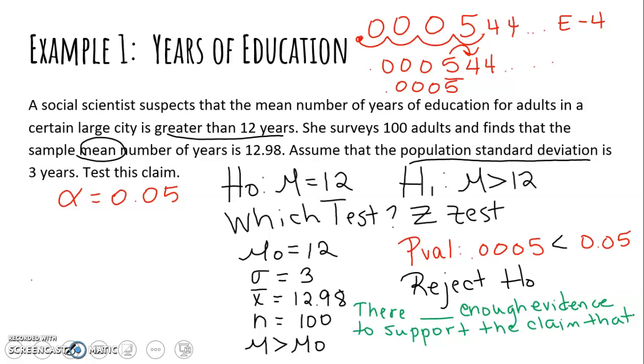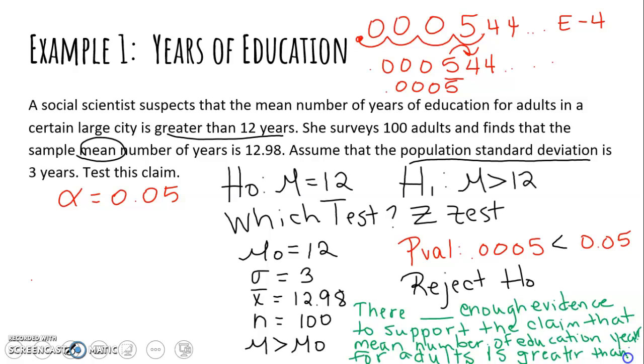The claim was that the mean number of education years for adults is greater than 12.